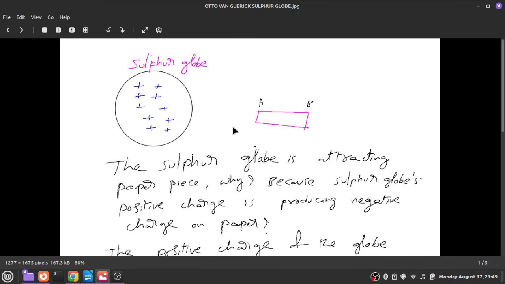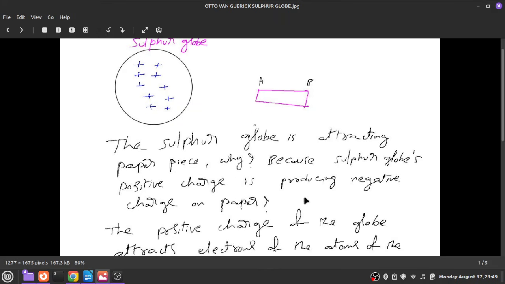The paper ends are identified as A and B. The sulfur globe is attracting the paper piece. Why? Because the sulfur globe's positive charge is producing negative charge on the paper. See that the positively charged sulfur globe is producing negative charge on the neutral paper. See that the paper is neutral, without any charge.